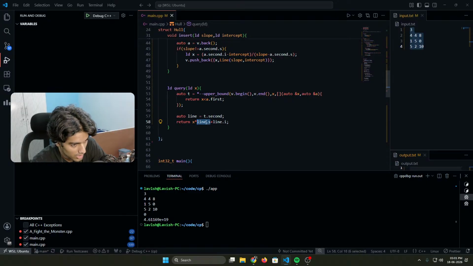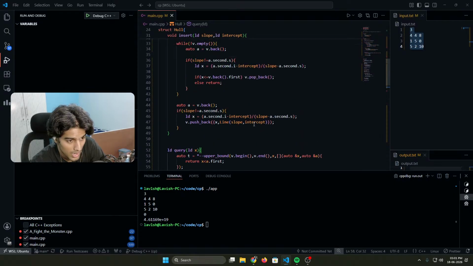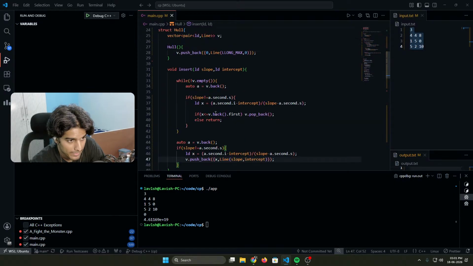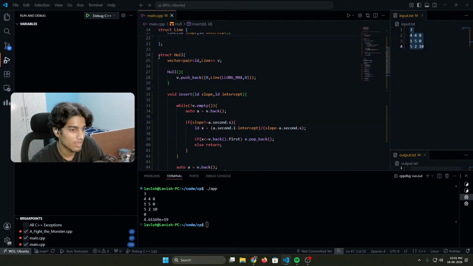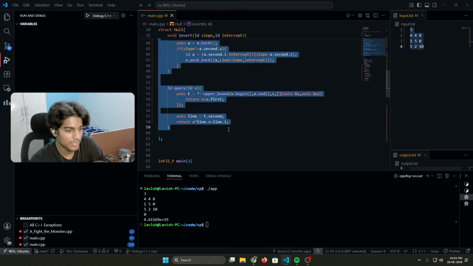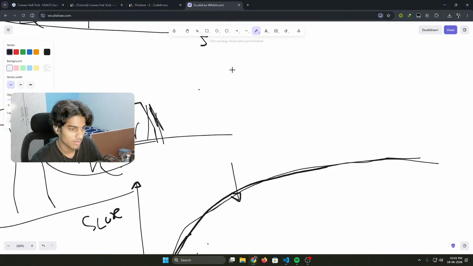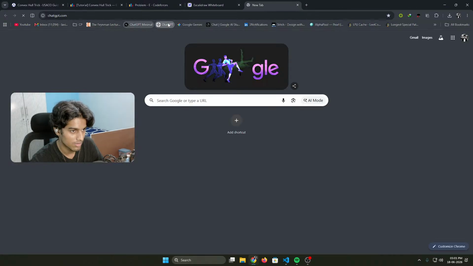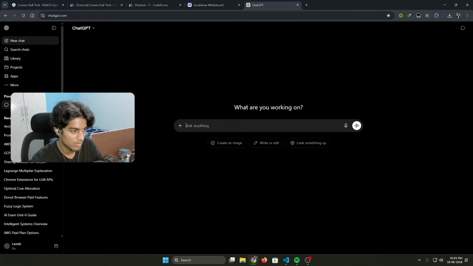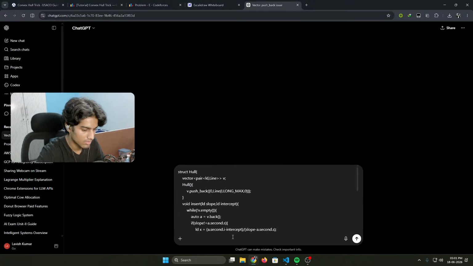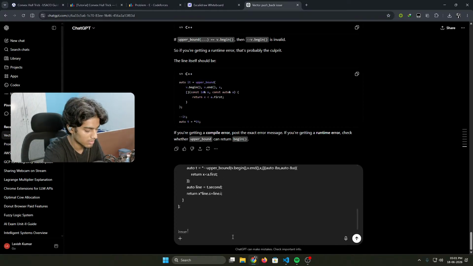X into line dot slope plus intercept. Let me do something. I'm just wasting my time right now. Issue where?